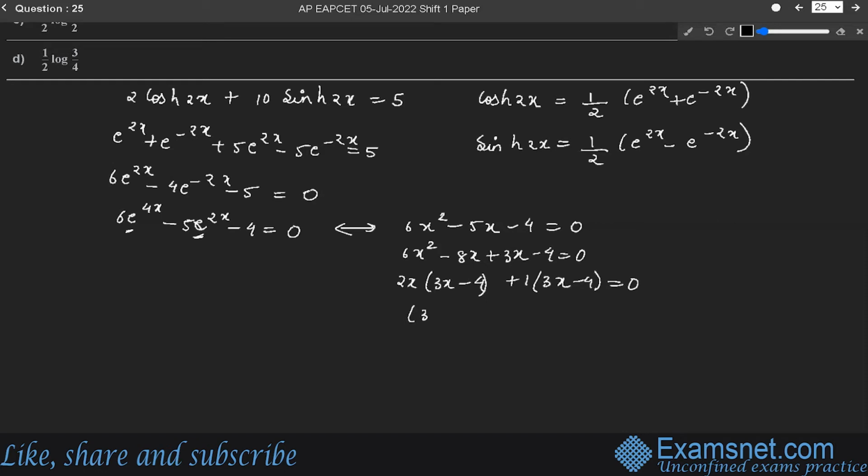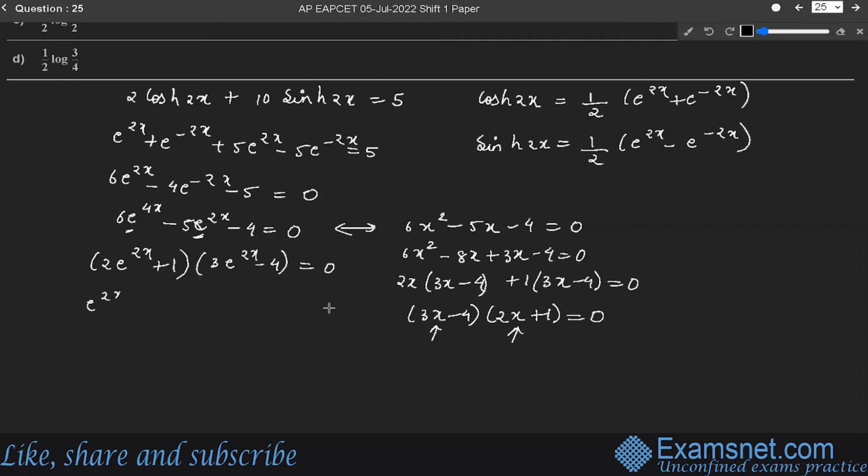So the factors will be 3x − 4 and 2x + 1 equal to 0. And we have considered x as the given expression, which is e^(4x) and e^(2x). So the factors become 2e^(2x) + 1, in the place of x we have replaced e^(2x), and 3e^(2x) − 4 = 0.